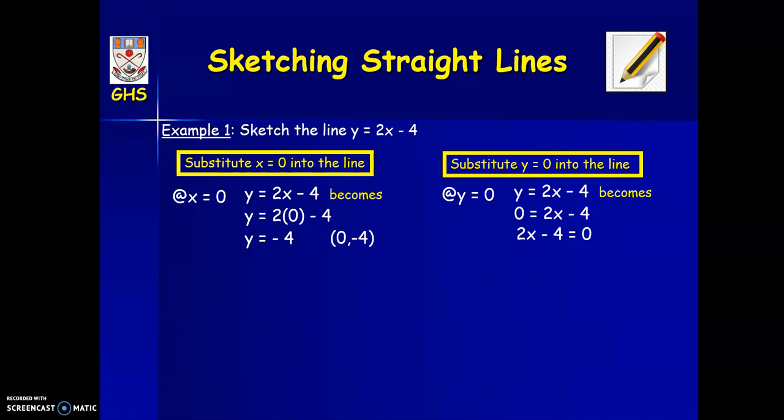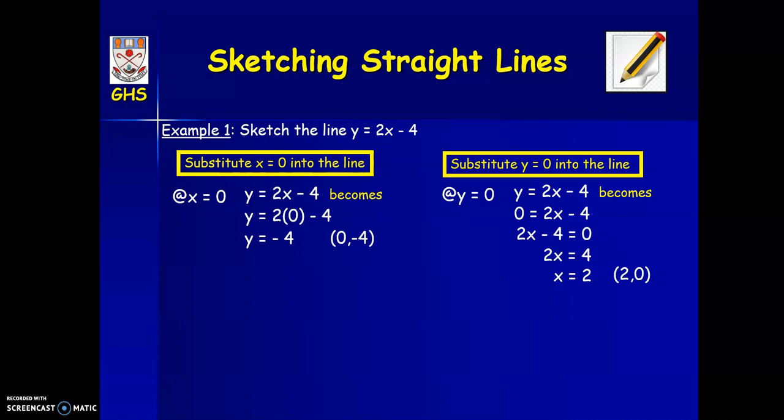If we swap the left-hand side with the right-hand side, the equation just reads 2x subtract 4 equals 0. Take the -4 across and it becomes +4, so 2x equals +4, so x equals 2. So in this case, when the y coordinate is 0, the x coordinate is 2. Remember, we always write a coordinate with the x first and then the y second. So this coordinate would be 2, 0.